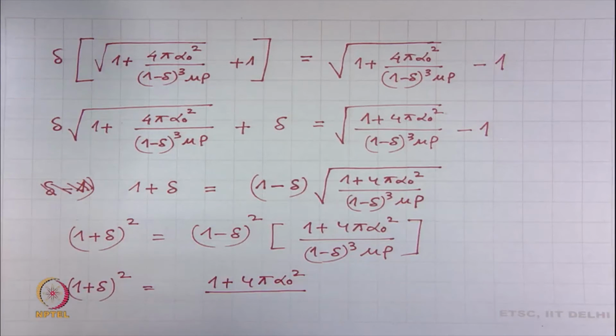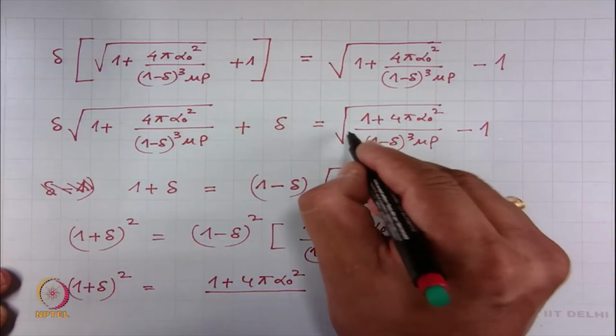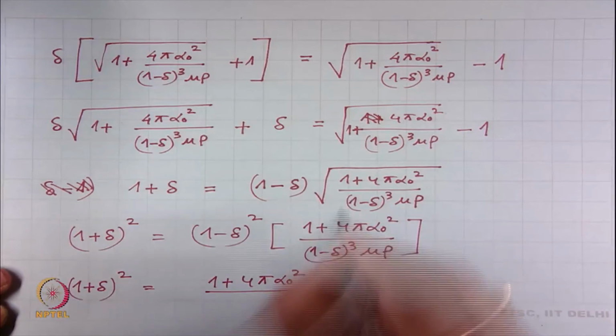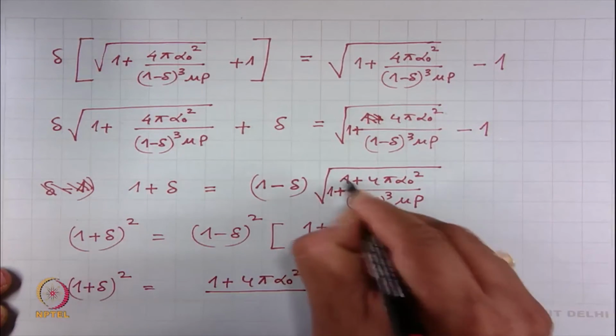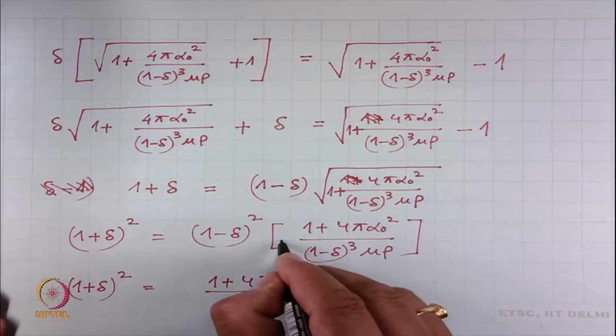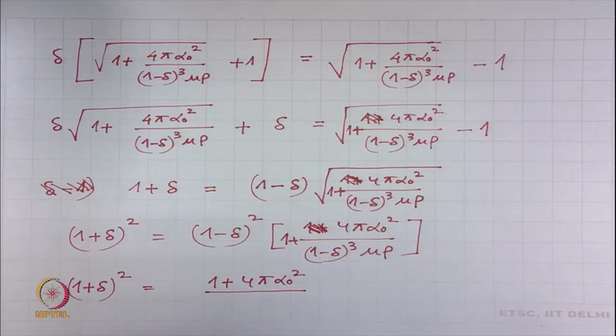Oh, we did a mistake. Here is a mistake we did. This is 1 plus, this is also 1 plus, this is also 1 plus. Is not it?